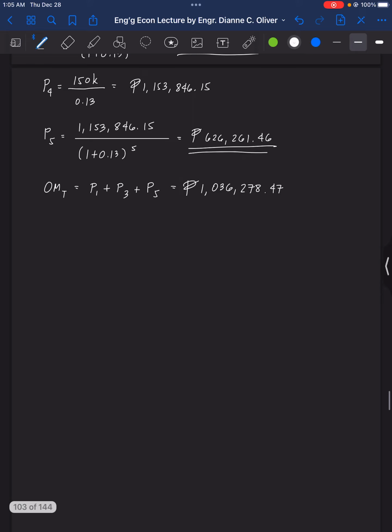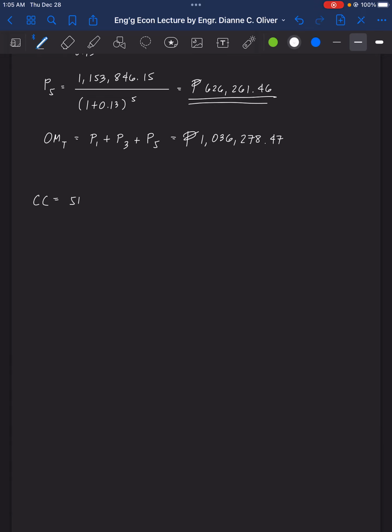Well, let's go to the capitalized cost formula, the first cost. So first cost, the first cost a while ago is 5 million pesos. The OM, so we already have our OM. There's no need to divide it with perpetuity. The only reason why there is a perpetuity in the formula is when the situation is perpetual.